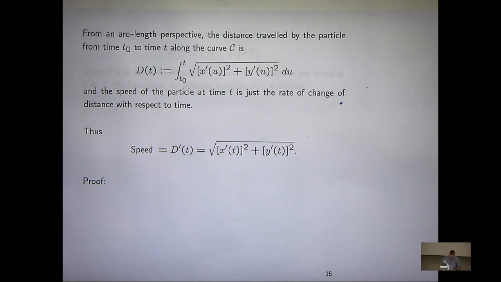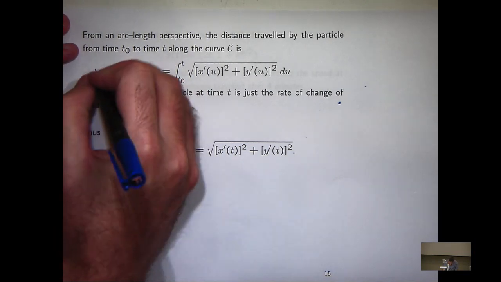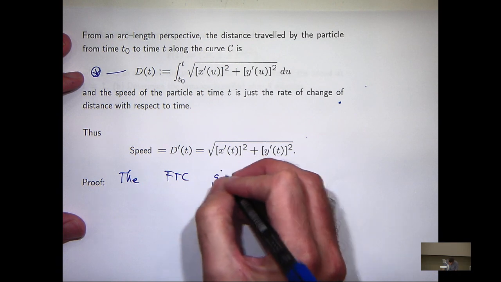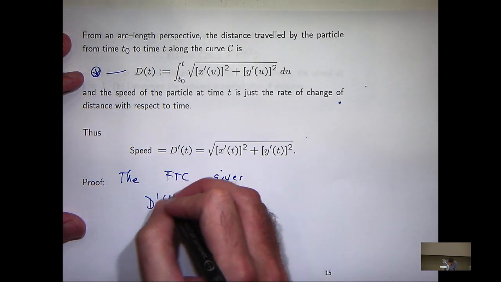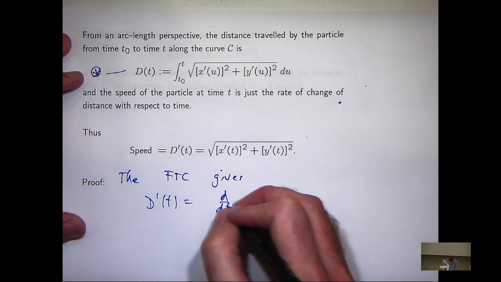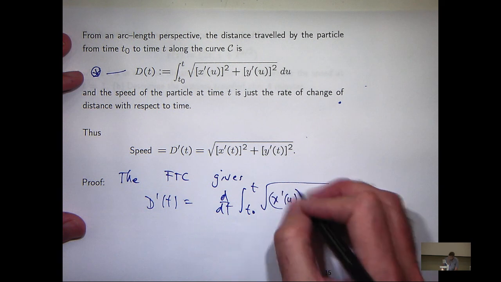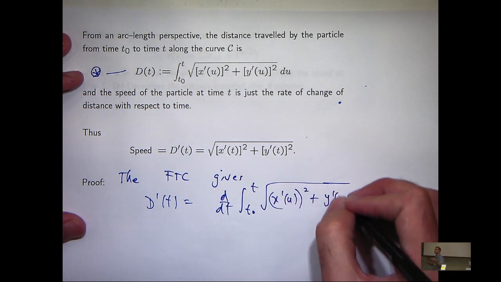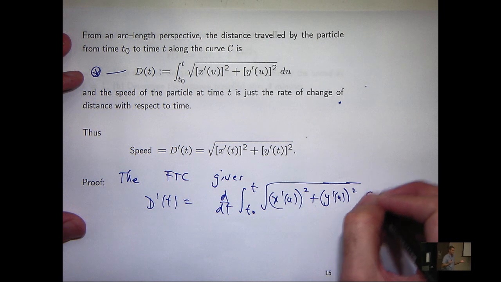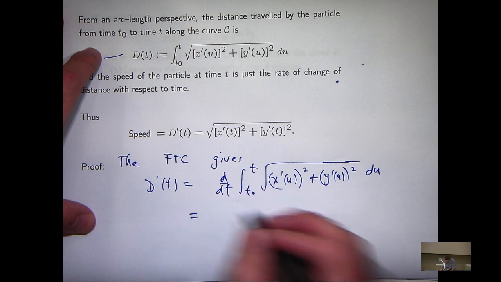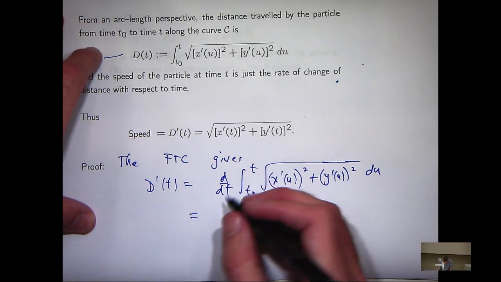And the proof, as we looked at it yesterday, was to apply the fundamental theorem of calculus to this starred expression. We're differentiating an integral, so you just remove the integral and plug in t for u down here.